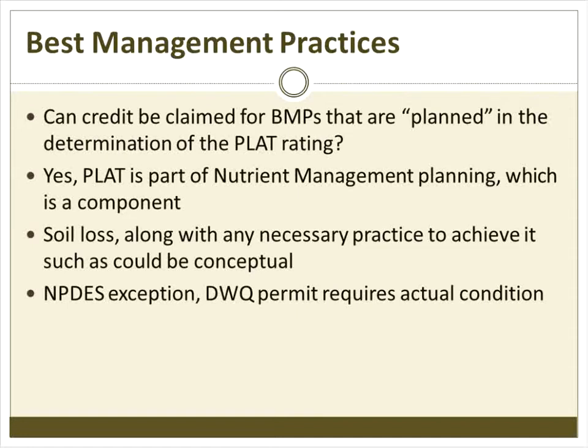The only exception to this is if your producer has an NPDES permit, and there are very few of those in North Carolina these days. We talked about that in our second or third discussions. You cannot credit planned conservation practices. You can only credit those that have already been implemented.